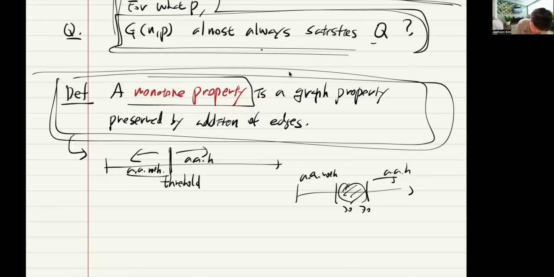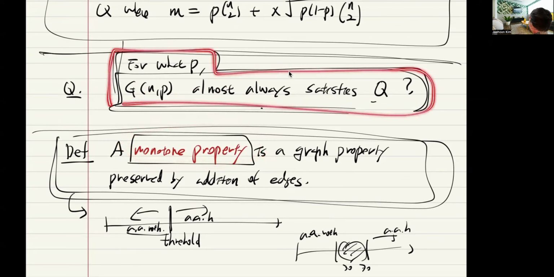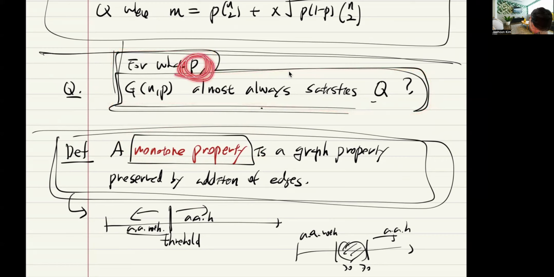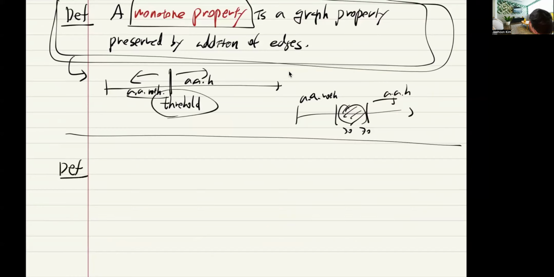So this monotone property is a good property to consider for this question, because we don't have to consider all functions p. As long as we specify a certain threshold, then all functions above it and all functions below it are automatically solved regarding this question. So we can define this concept of threshold.